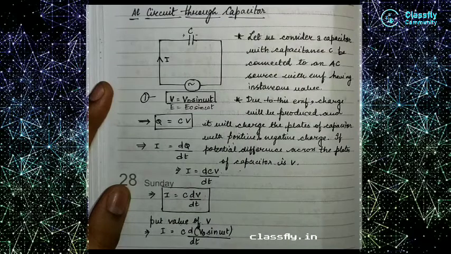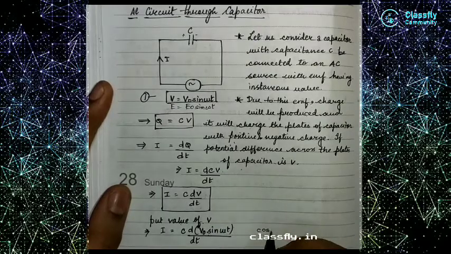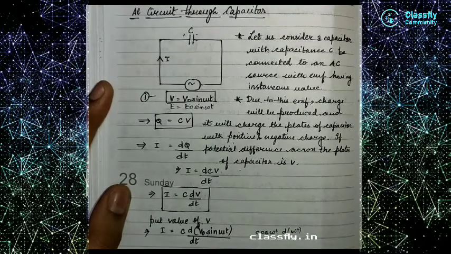V0 and C are outside, and the differentiation of sin omega t gives cos omega t, and the differentiation of omega t gives omega. So we get omega cos omega t, right?